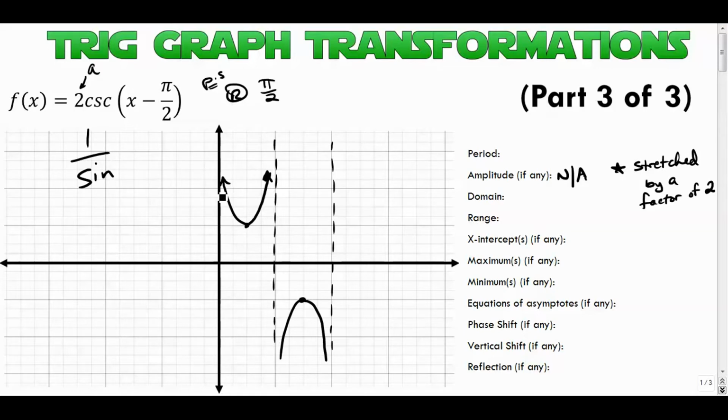Cosecant is 1 over sine. So everywhere that the sine is 0, which is right here, at pi units and at 2 pi units, everywhere the sine is 0, the cosecant doesn't exist. All right, so this is my normal cosecant graph. Well, if I multiply that by 2, then all of a sudden this thing gets bumped up like that and bumped down like this. So that's what changing the a value does.